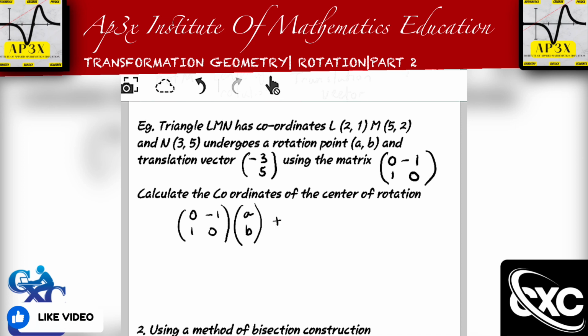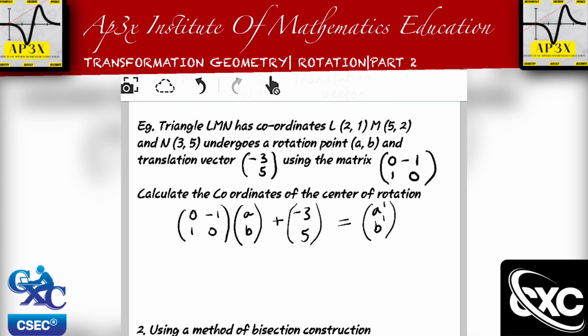We know that because it moves away from the origin, it combines with a translation that is in fact minus 3 and 5. And so by working this equation out, it's going to provide us with the position of the new center of rotation. So let's go ahead and complete this equation.